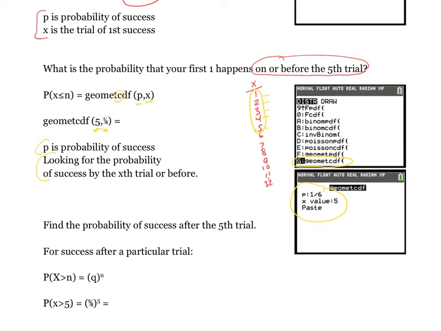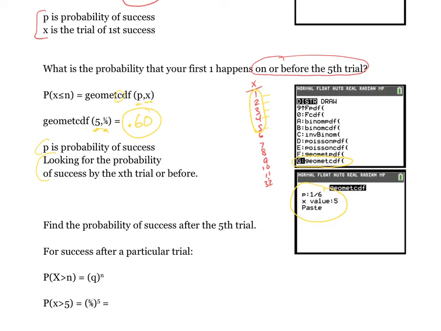And I get, by rounding, about 0.60, roughly. Okay, so there's about a 60% chance that you'll get it on your fifth or before trial, which makes sense because remember our expected value was we should get it by the sixth. So it should be pretty high chance that we'd get it by the fifth or before. Okay.